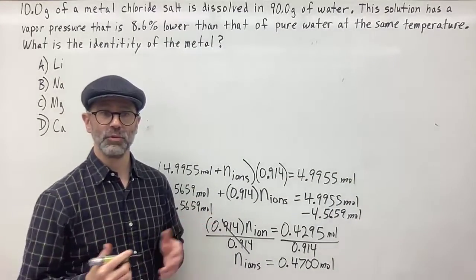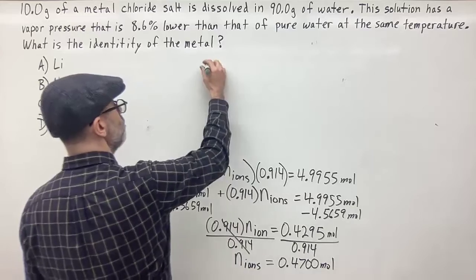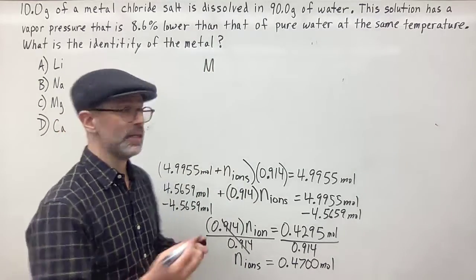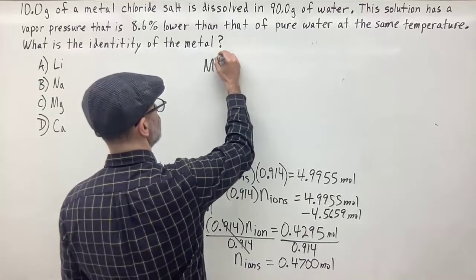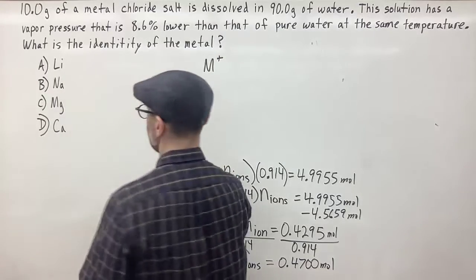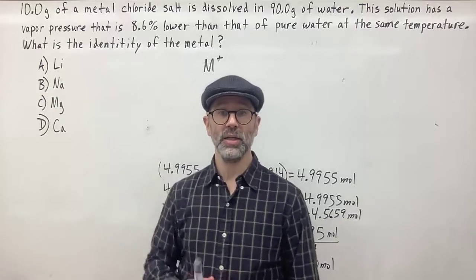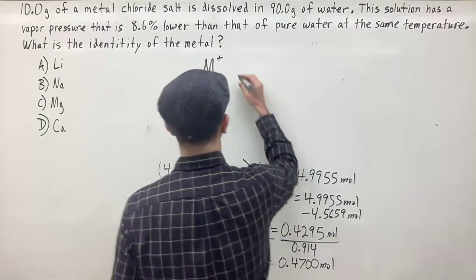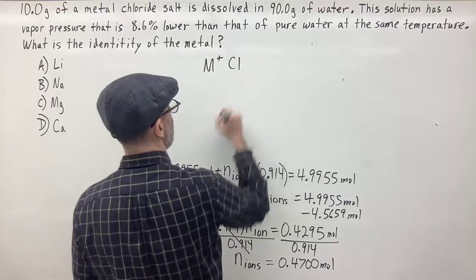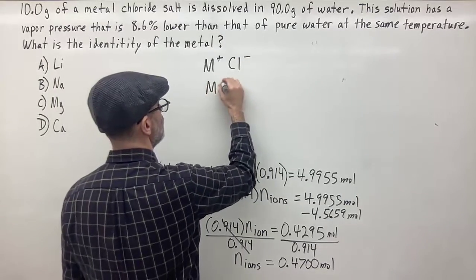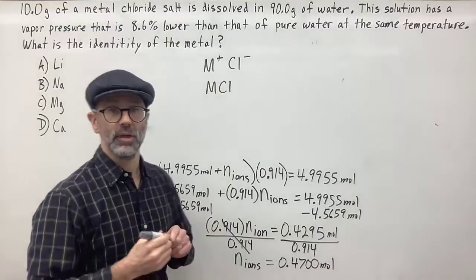That's all the information we're given, right? So we don't know what the charge on the metal is. So if the charge on the metal is a +1, like lithium and sodium, then there's only going to be one chloride ion, right? So then the formula might be MCl, okay?